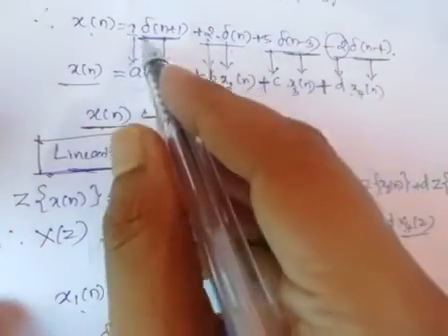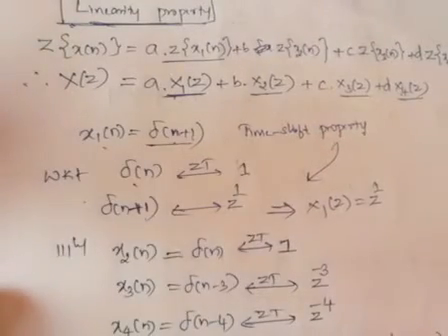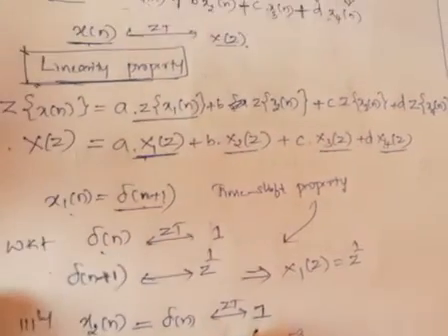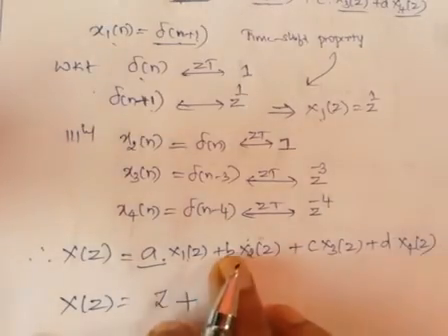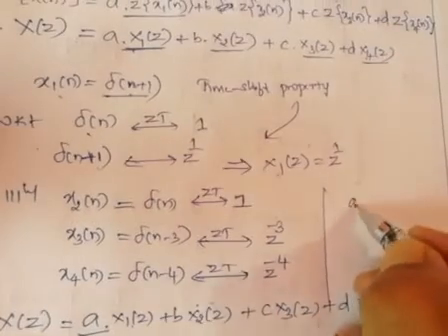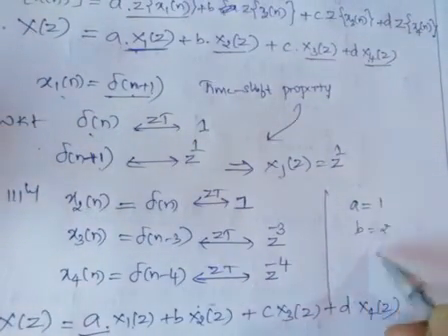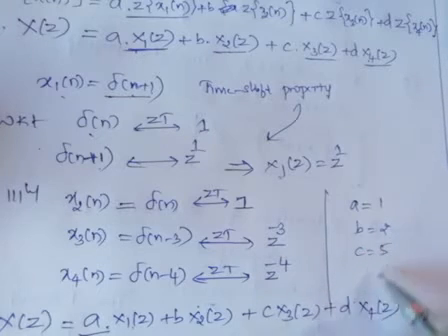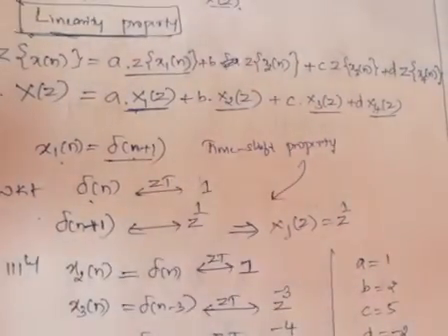The a value is 1, and x1 of z is z. So it becomes z, plus, what is the b value? Here I will write for your reference: a value is 1, b value is 2, c value is 5, d value is minus 2.